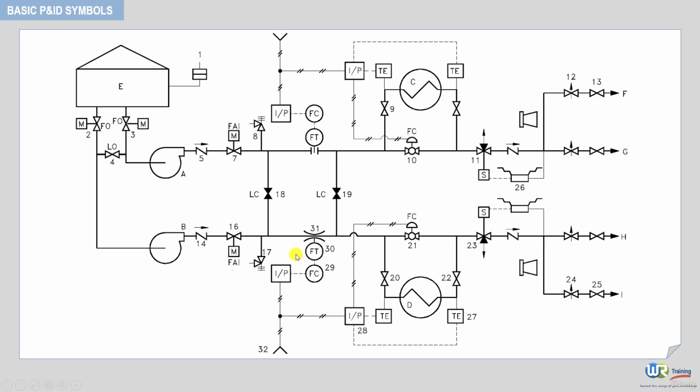We also learned during the course that a thin solid line in a P&ID represents a process connection to instrument. This is the case of the line you see here, connecting the temperature element to the process line. We also learned that a dashed line in a P&ID represents an instrument signal.